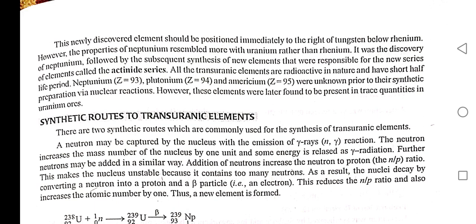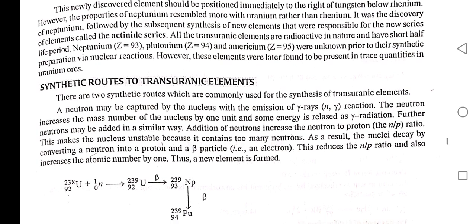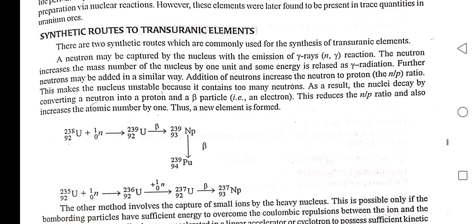All the transuranic elements are radioactive in nature and have short half-life periods. Neptunium, plutonium, and americium were unknown prior to their synthetic preparation by nuclear reaction. However, these elements were later found to be present in trace quantities in uranium ore.